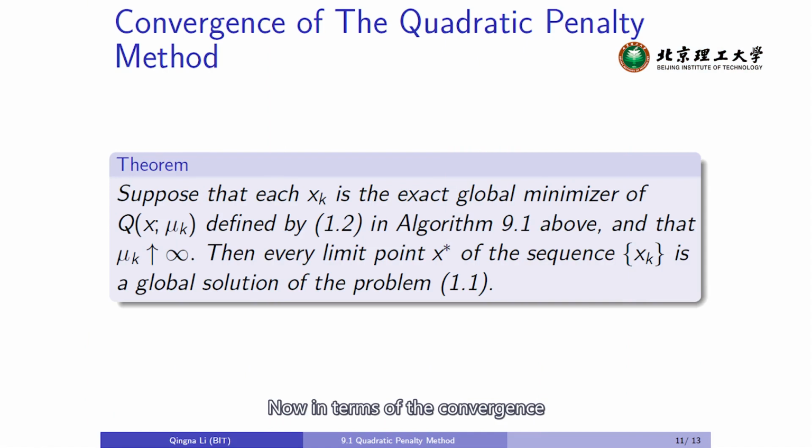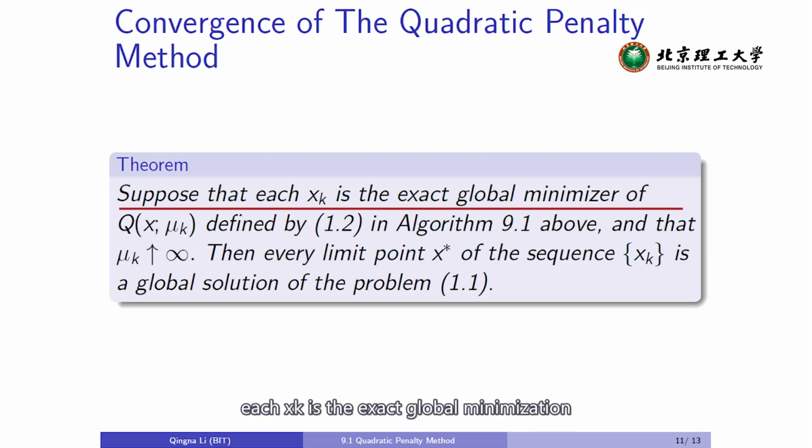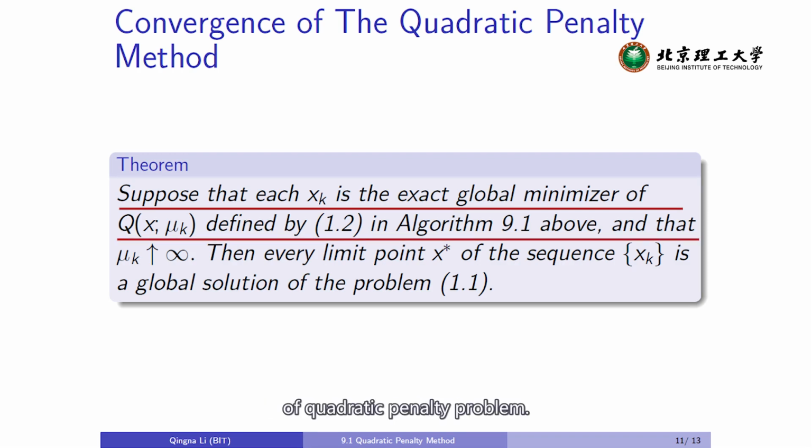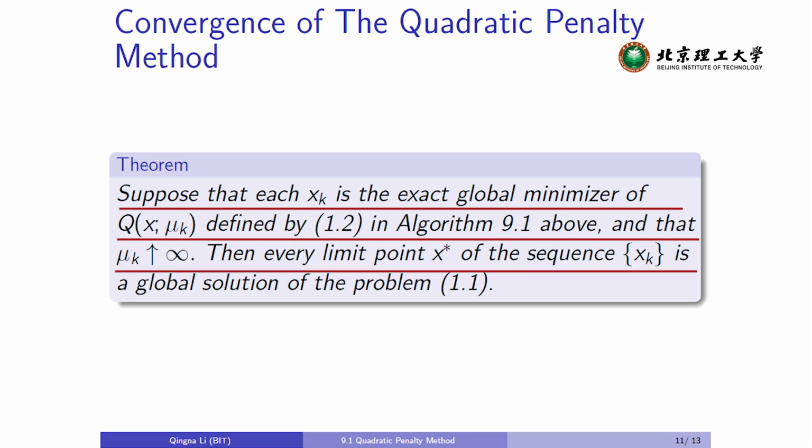Now, in terms of the convergence of the quadratic penalty method, we have two theorems. The first one is about the global minimizer result. We assume that each x_k is the exact global minimizer of the quadratic penalty problem. Then we can show that every limit point x* of the sequence x_k is a global solution of the original problem.